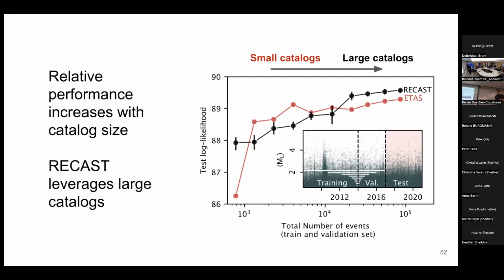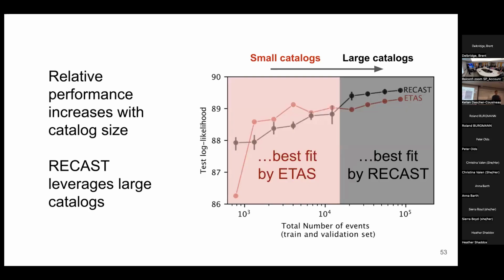And what we find is that for smaller earthquake catalogs, say 1,000 up to about 10,000, ETAS is the better performing model. But as we move into these larger earthquake catalogs, these are better fit by the recast model. And I find this result reassuring.